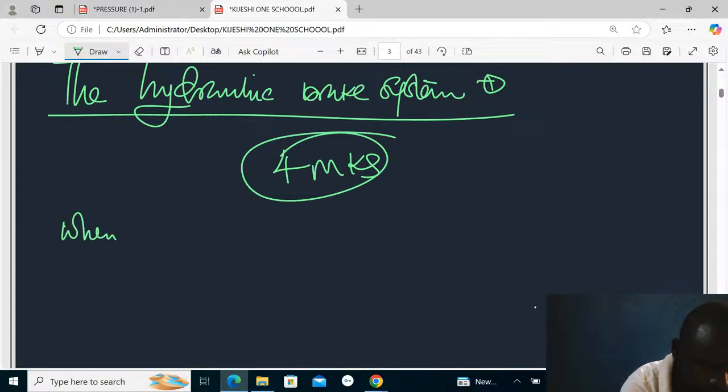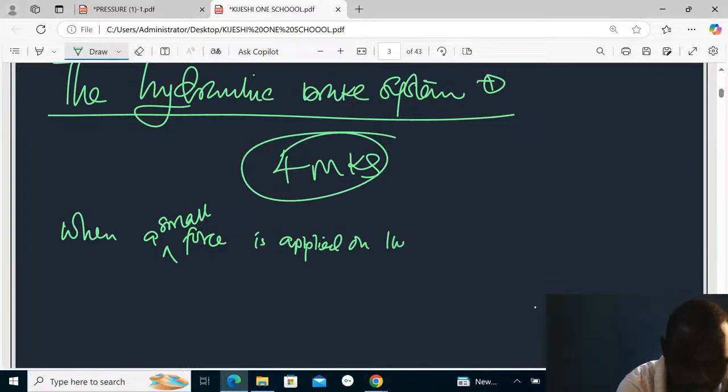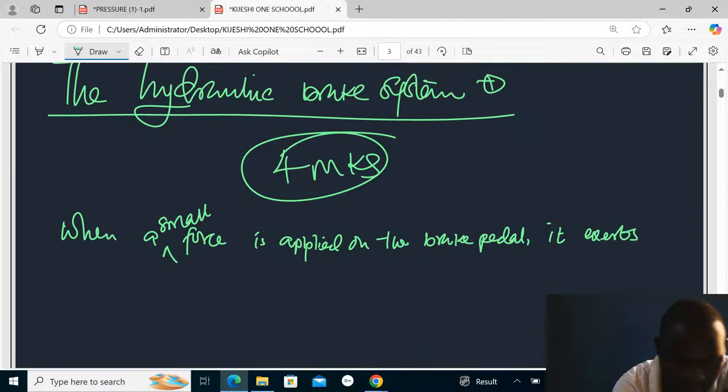When a force, which we can describe as a small force, is applied on the brake pedal, it exerts pressure on the master cylinder.